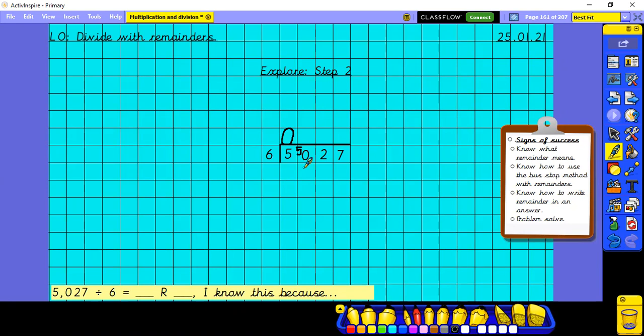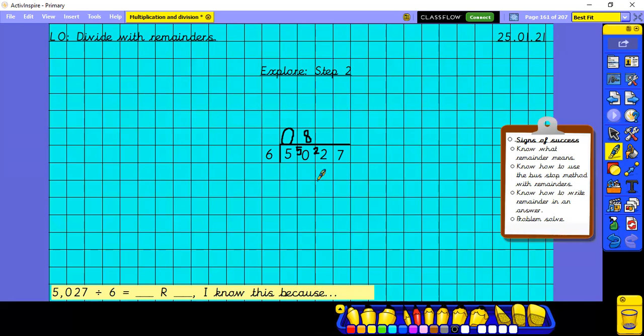And I know that 50 isn't in the 6 times tables, so I need to think of a number that's close to 50 that is in the 6 times tables. So I'm thinking of 48, and I know that 6 times 8 is 48. So 6 goes into 50 8 times, but there's 2 left over because we're dealing with 48 and we're supposed to be looking at 50. So we've got 2 left over.